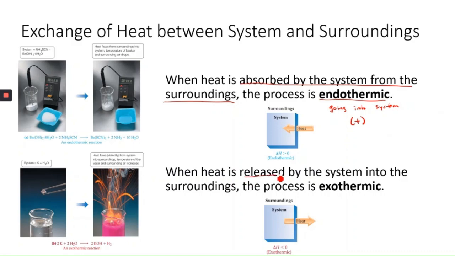When heat is being released by the system into the surroundings, so heat is leaving, that is exothermic, and that is considered negative, okay? So if you touched your beaker in the first example here, this feels cold. If you touch the beaker in this system, this feels hot. This feels hot because heat is leaving the system, and where is it going to? Your hand. This feels cold because heat is going from your hand into the system.